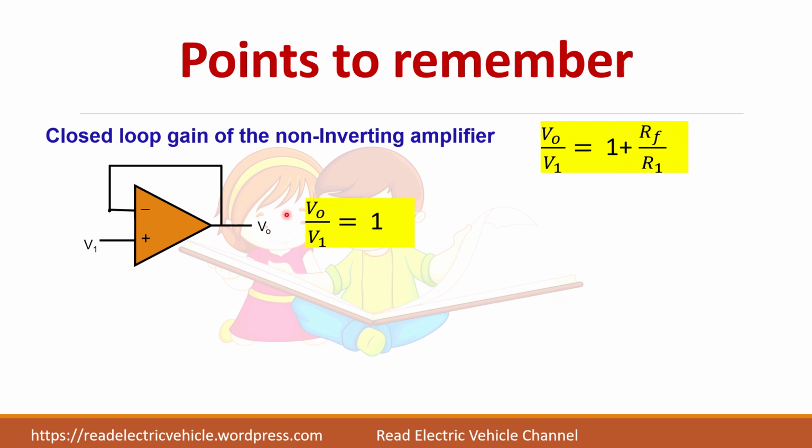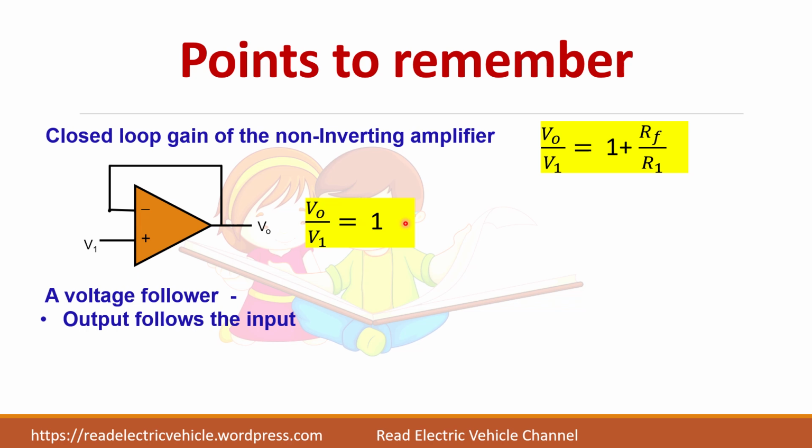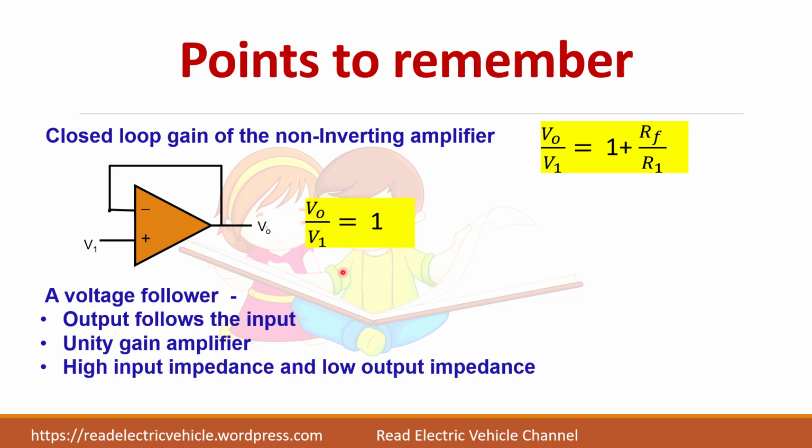So you will get V0 by V1 is equal to 1. This voltage follower has many advantages. The main thing is that the output follows the input, so if you change V1, the output will also change. It is called a unity gain amplifier because the gain is unity. It has high input impedance and low output impedance, and it can act as a buffer.